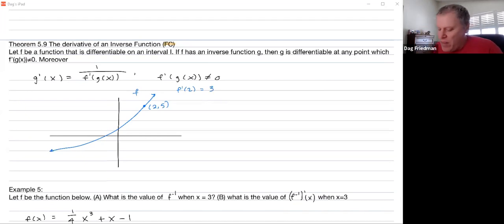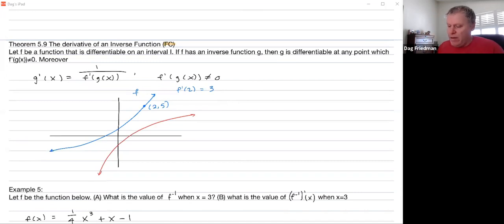Then, according to our flashcard, our inverse function, which might look something like this, has a couple of things to note.